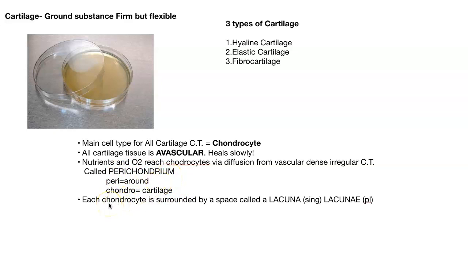And what's also unique to cartilage is each chondrocyte is surrounded by a space called a lacuna. Lacuna singular, lacunae plural. When we see these, I'll talk to you about why we have these little lacunae.